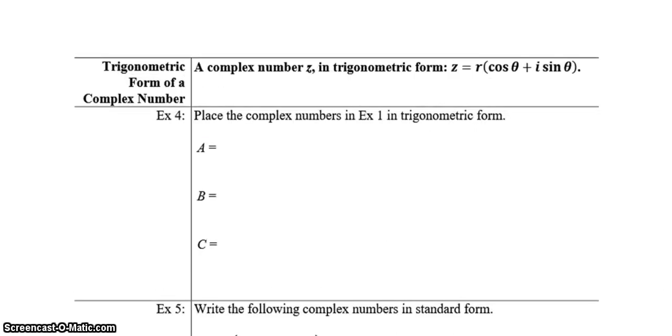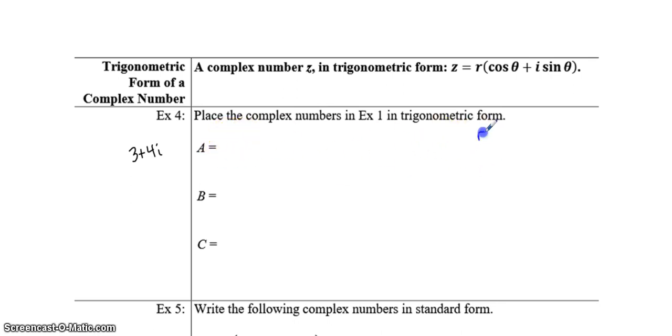So let's do the same thing here. Let's do that right here. So I'm going to put this complex number, that was 3 plus 4i, and put it in trig form. Well, first of all, what's the radius? What's the absolute value?